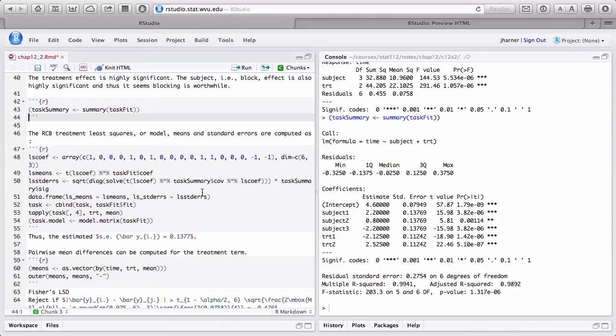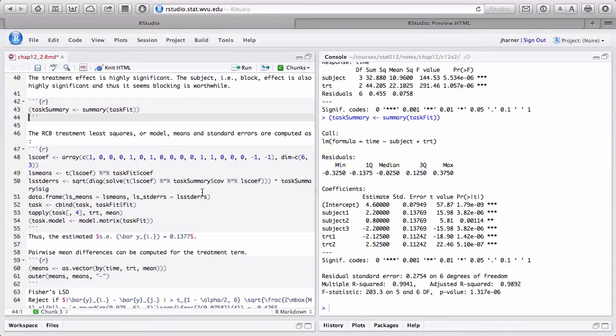In the case where the data is balanced, meaning that the number of combinations of treatments and subjects is the same, and in this case it's always one. There's one subject with each treatment. That's what's called a balanced design. As long as it's a balanced design, then the model means are the sample means. But in general, that's not true.